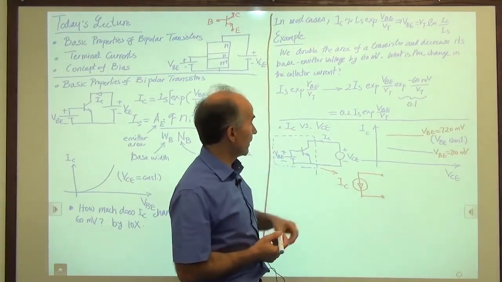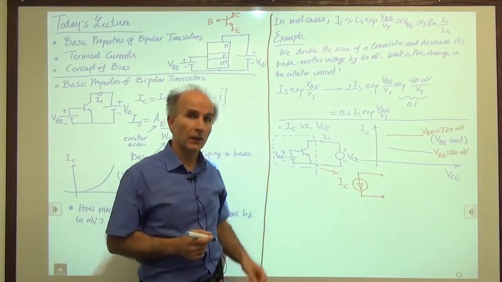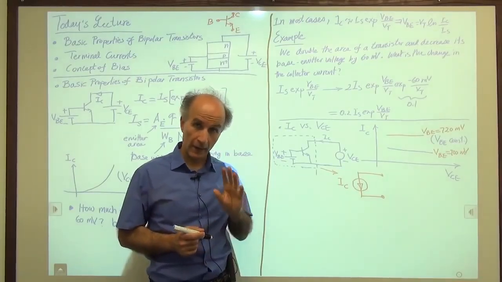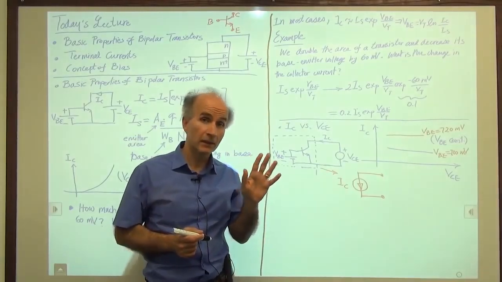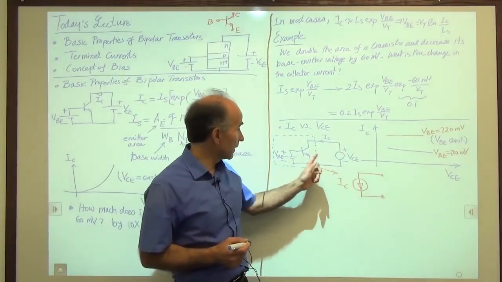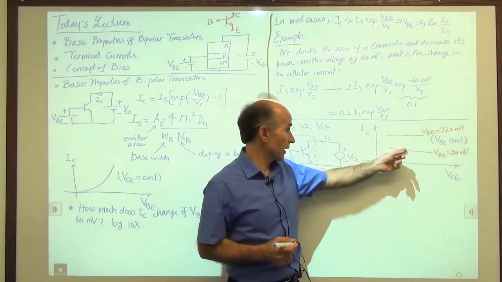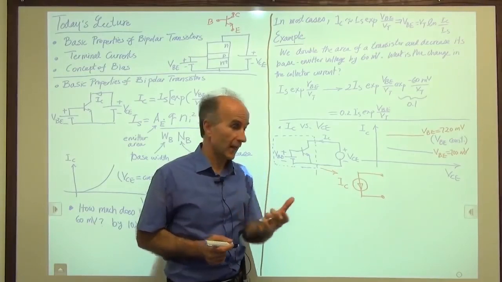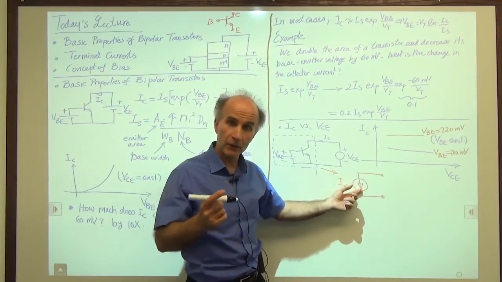Now, another interesting observation that comes from our studies so far is that the collector current of a bipolar transistor is a function of the base emitter voltage, so it's dependent upon the base emitter voltage. And if we are calling the bipolar transistor a current source, and its current can change from here to here according to the base emitter voltage, we can say that the bipolar transistor is a voltage dependent current source.